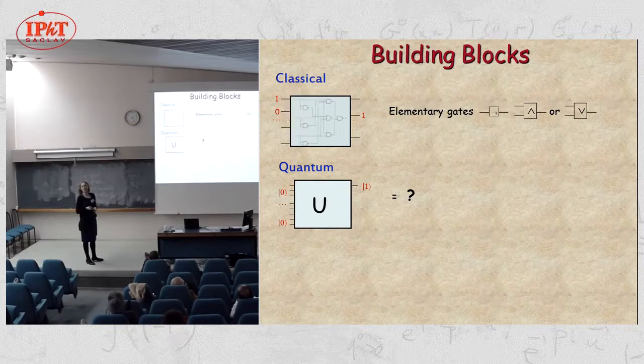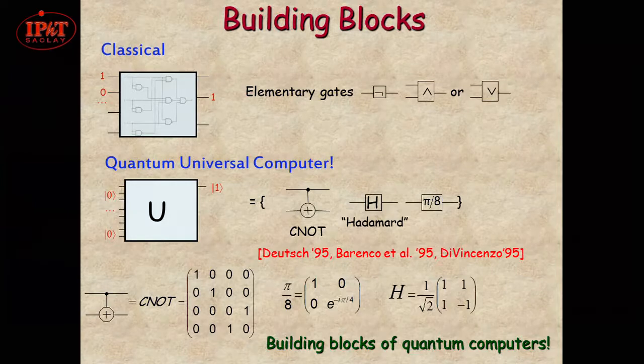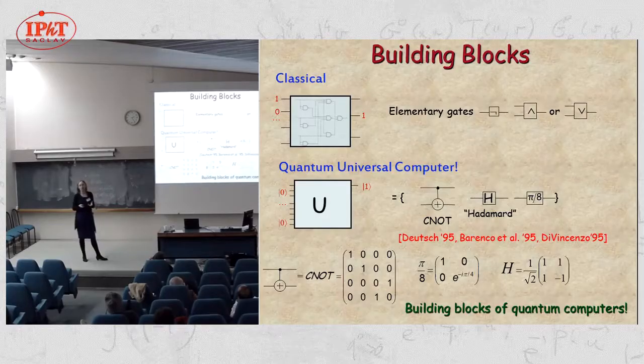What are the building blocks of a quantum computer? Building blocks of a classical computer, we think of them as elementary gates like NOT, AND, OR, NAND, and so on. A quantum computer has unitary gates, and it was established very early on that in order to perform any quantum computation or to simulate any unitary, we need 1-qubit gates.